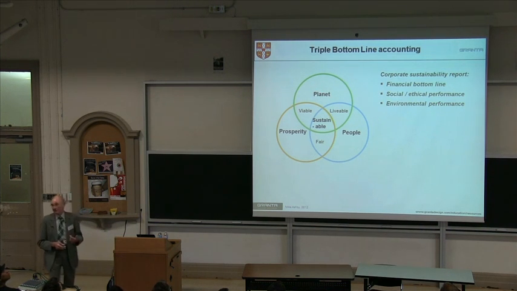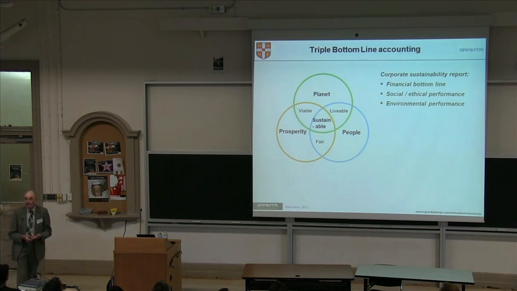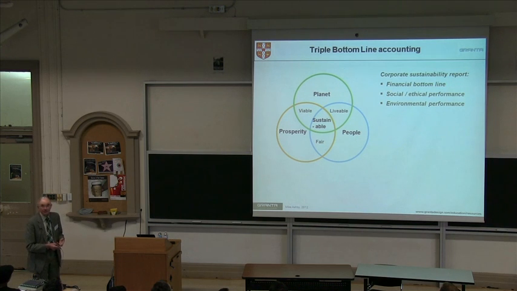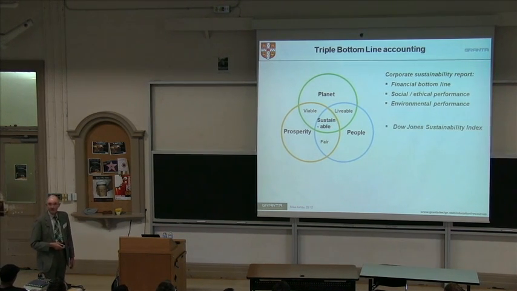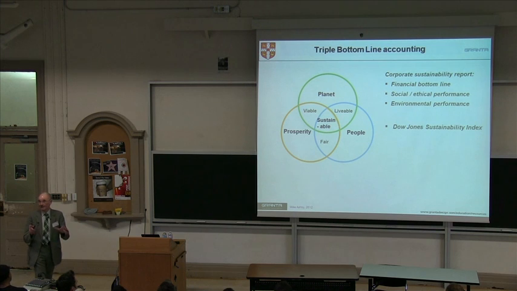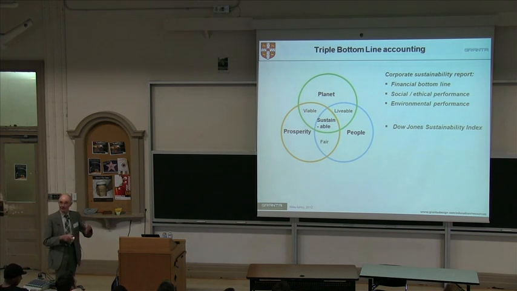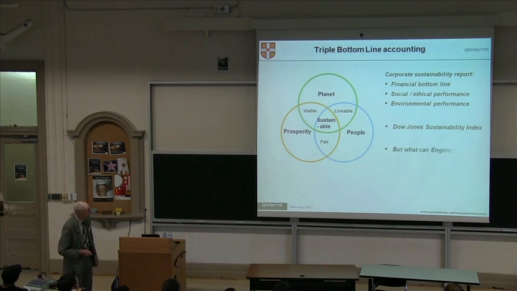So a company that has, let's say, an operating profit and has provided additional training for its staff and has perhaps improved its recycling record a little bit, can claim to have a positive triple bottom line. And indeed, there are indices, there are 4 or 5 of them. The Dow Jones Sustainability Index is one of them, which measures exactly those things. And says that company has a good record and a high index on our way of reckoning.